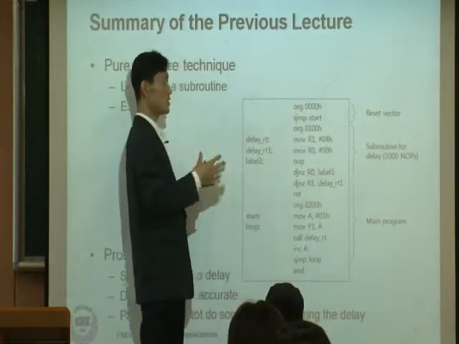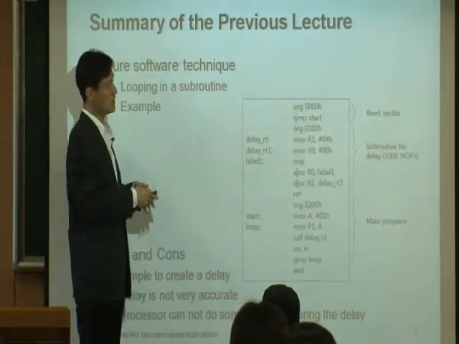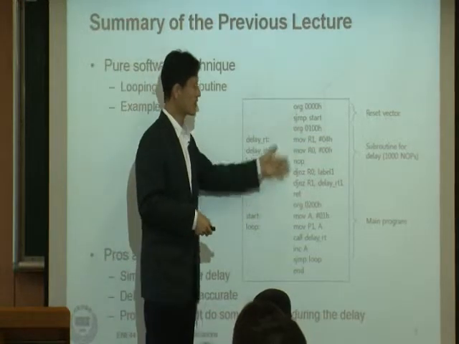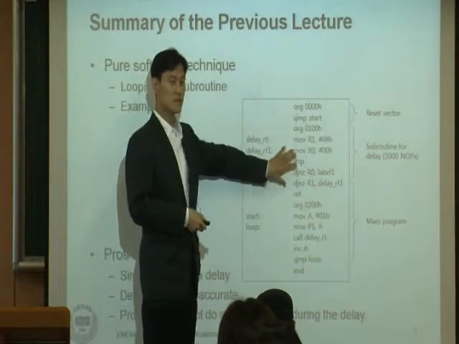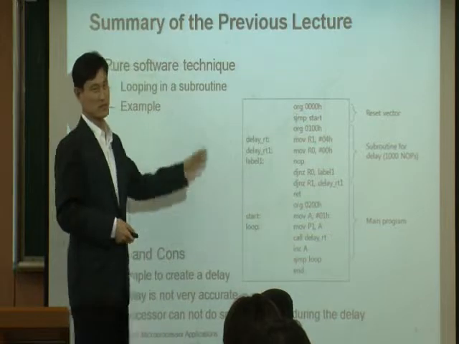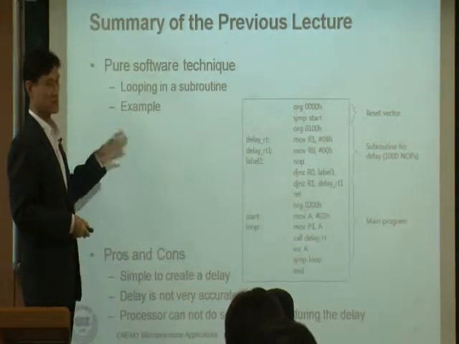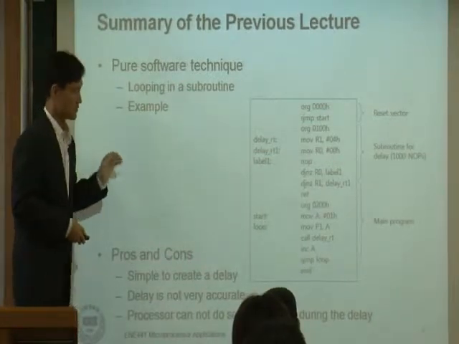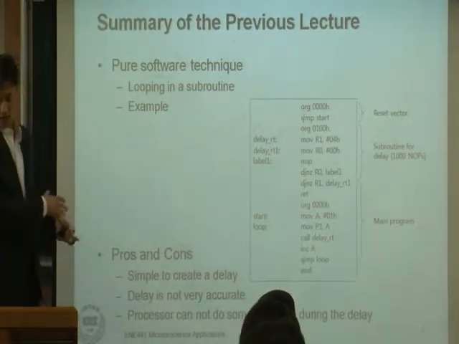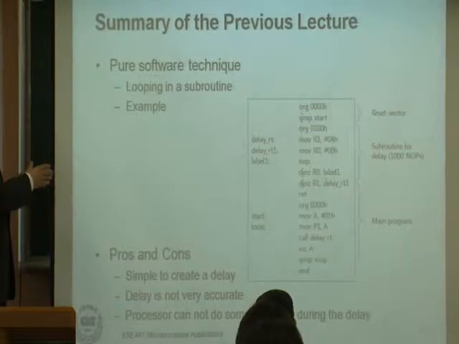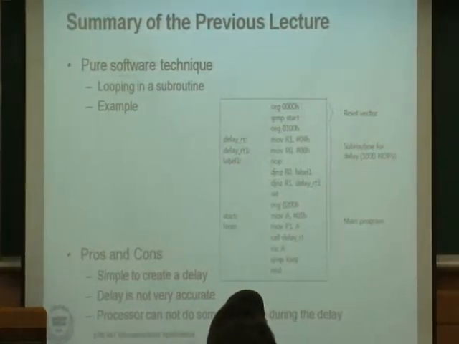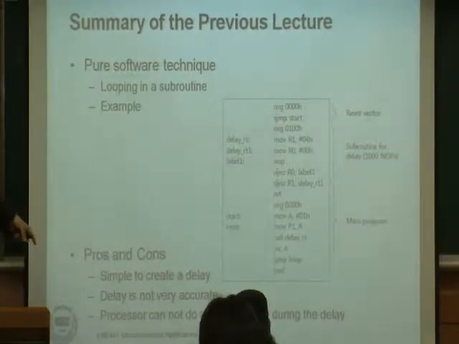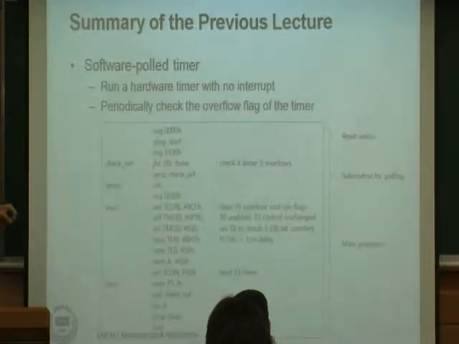But if you use a slow processor, then 1,000 NOPs takes a long time. So it depends on hardware. This is a very easy way, but it's not accurate. I just want to compare this technique with other techniques. That's why I introduced this, but this is not a good way to measure the delay.